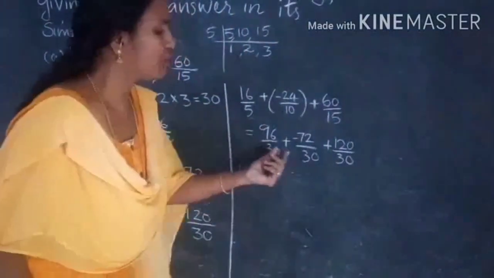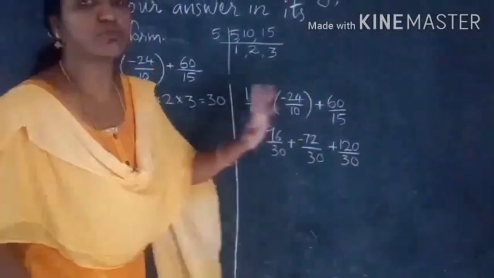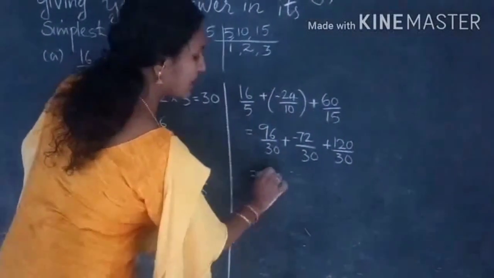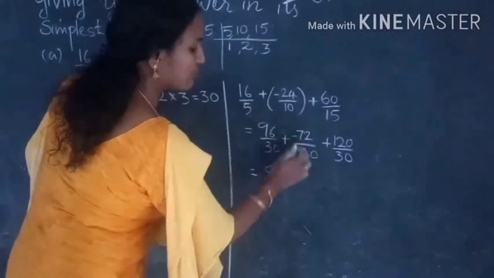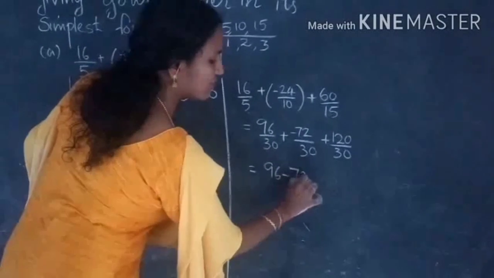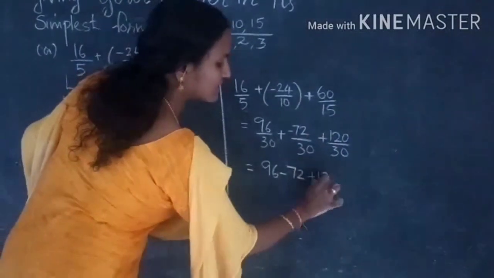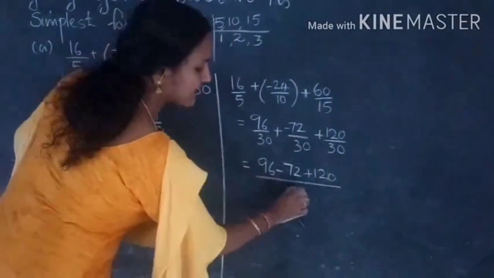Here the denominators are same, so we add the numerators. Is equal to 96 plus minus 72 plus 120, the whole divided by 30.